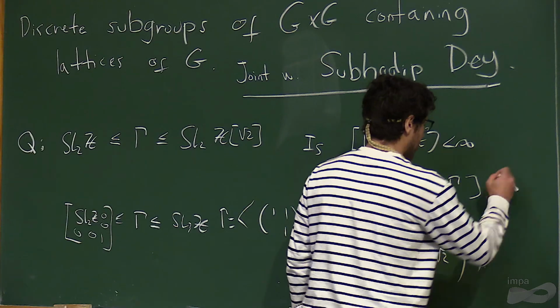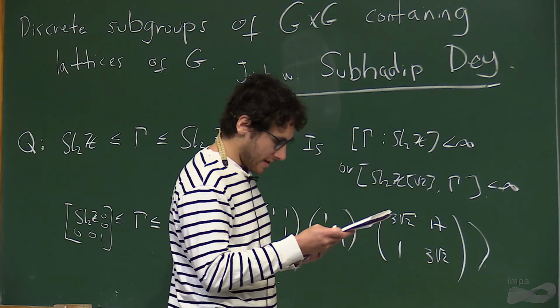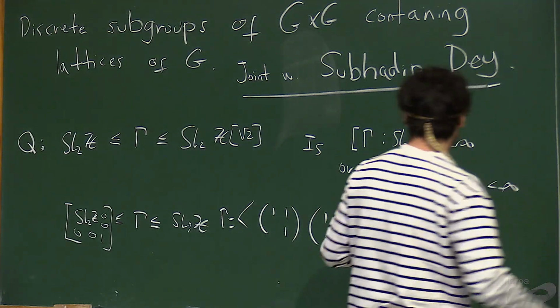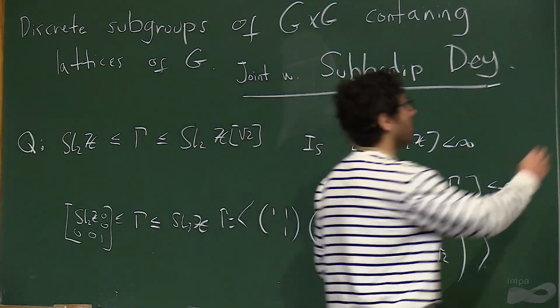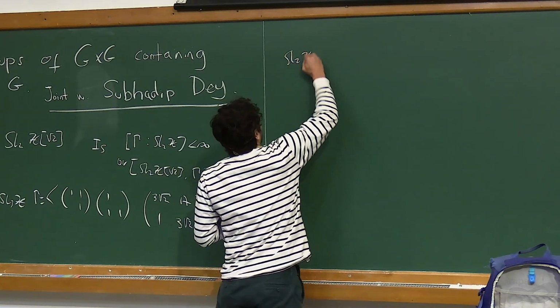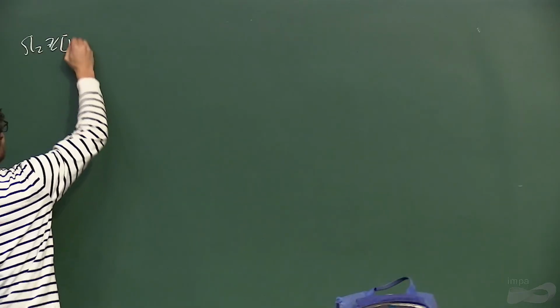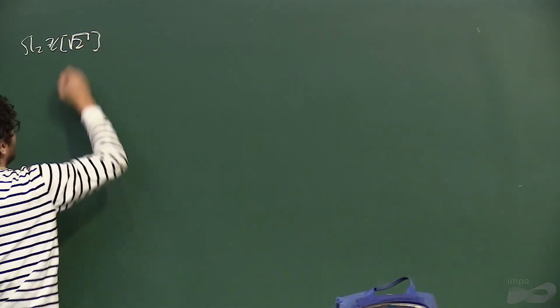Okay, you know that SL2Z is a lattice in SL2R. But SL2Z[√2], well, this might not be known to everybody, is a lattice in SL2R times SL2R.